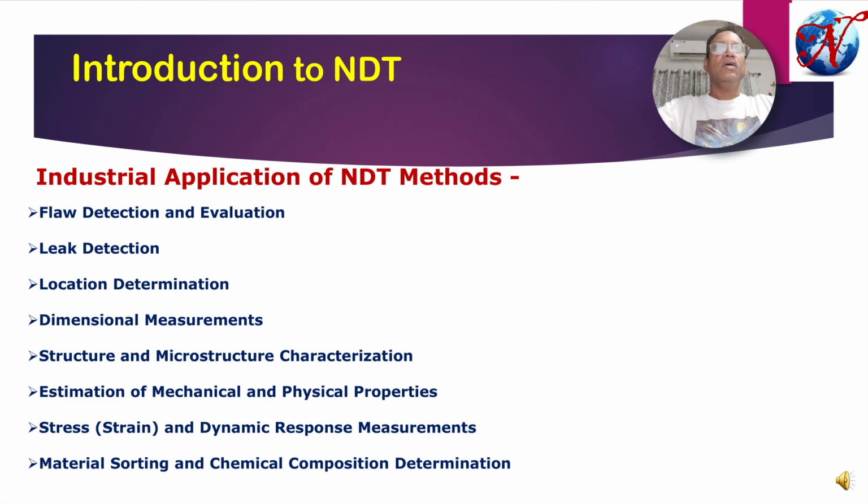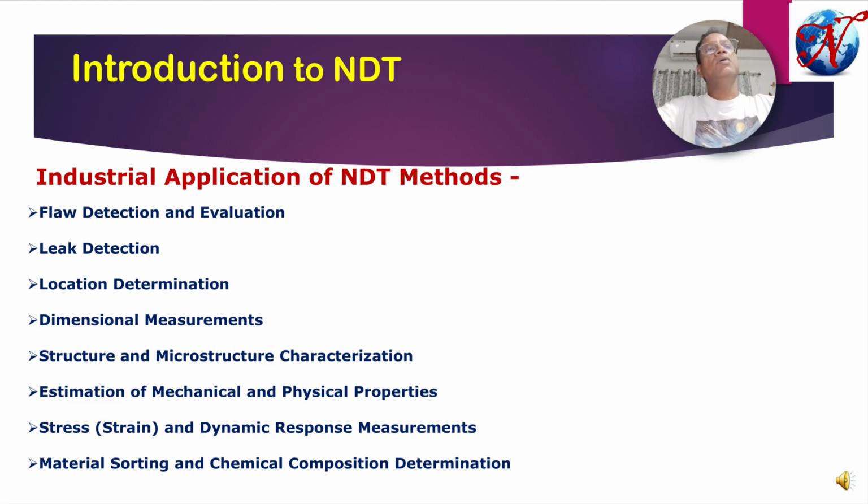So in a broad way, NDT is utilized as an inspection tool in different industries like refinery, petrochemicals, cement, power, and everywhere in construction, fabrication and manufacturing plants. The basic requirement of NDT is to detect or evaluate the flaw in your inspection part.